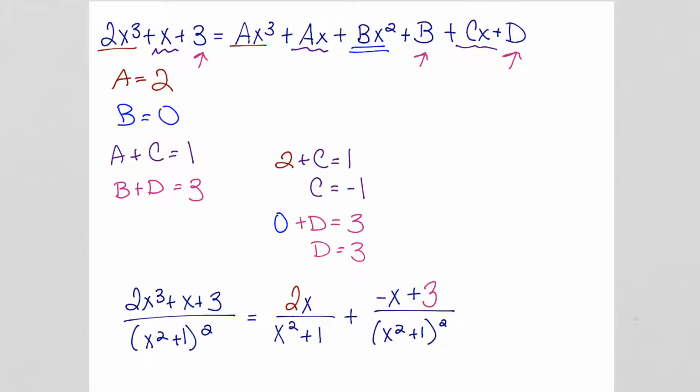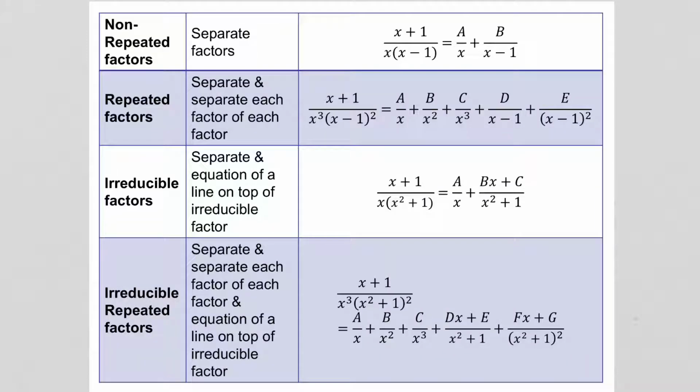This is good enough. Okay, so I promised you we'd talk about how do we tell what to do when. So here's the situations all put down together on one slide. So if you'll notice the differences between each of these, okay? Here, we don't have anything squared or cubed or anything like that, okay?